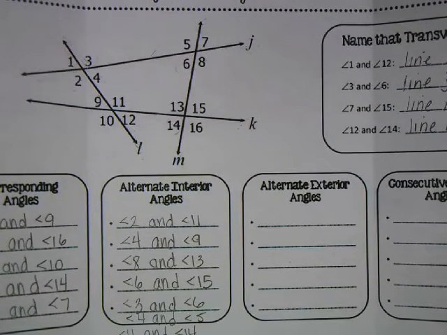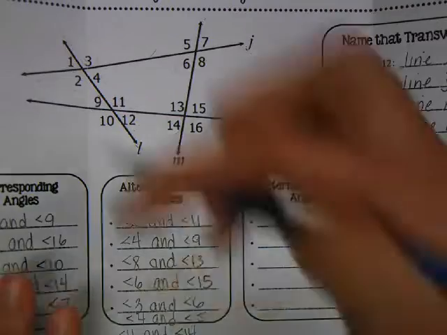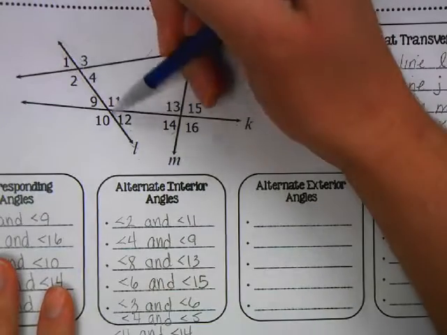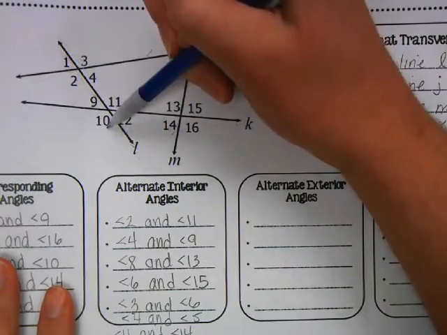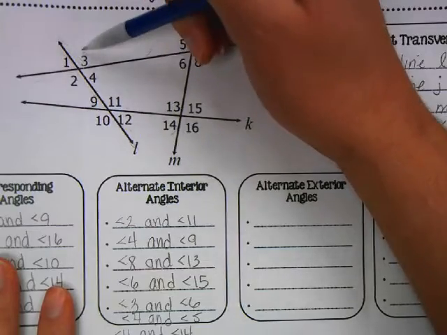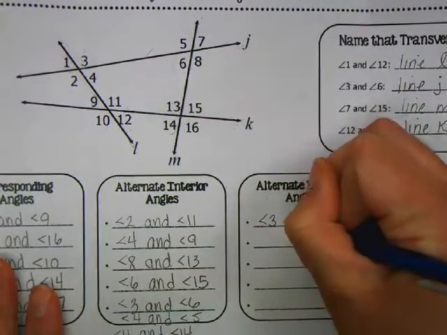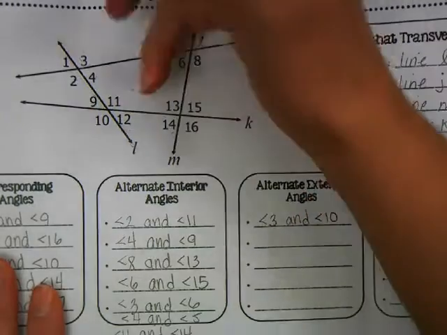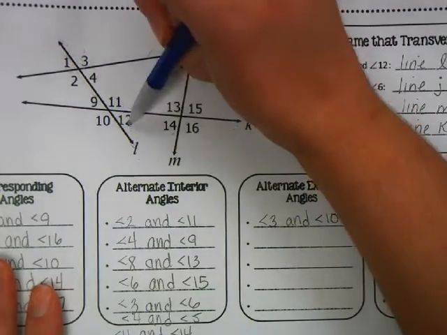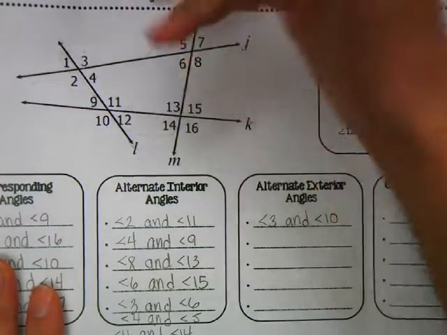Now I'm going to do the same thing for alternate exterior. I'm going to start with L as my transversal. Then alternate exterior would be 3 and 10. And then 1 and 12.